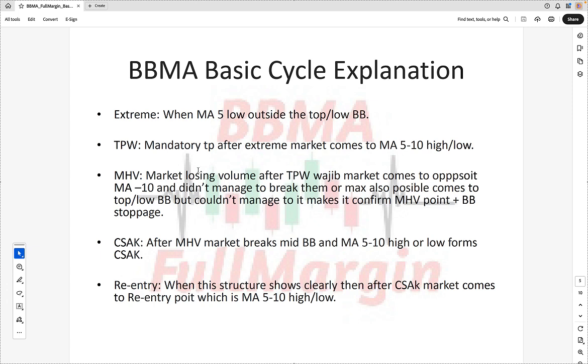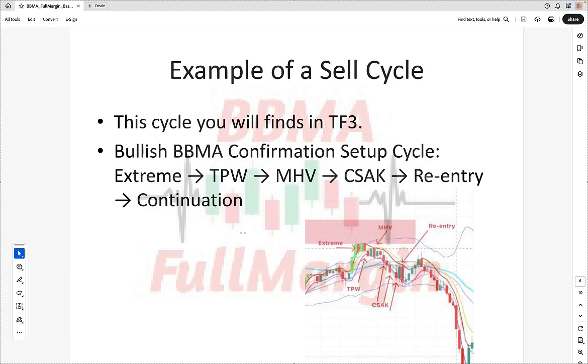I have explained the same thing. You can stop the video, or you can just read the PDF, which I will share as well. It's the same cycle for sell, and you will see these things everywhere.